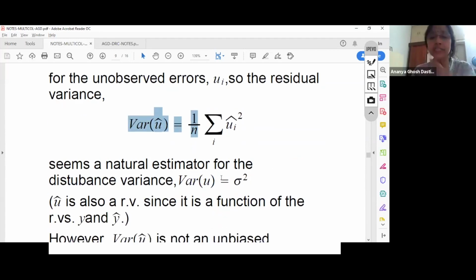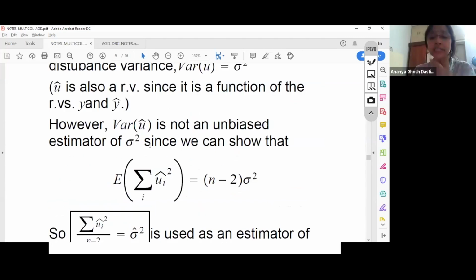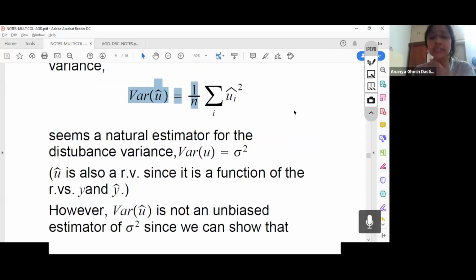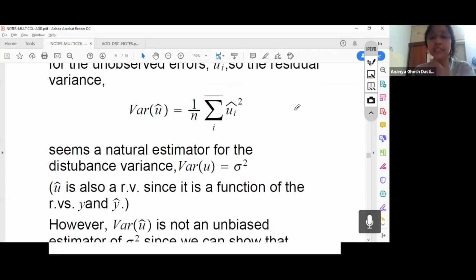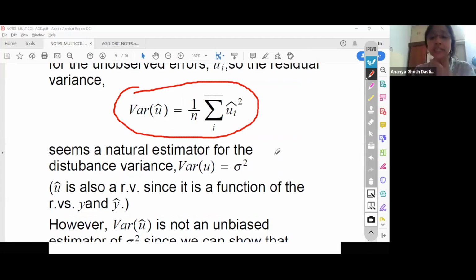Except there is a problem here. The variance of u hat in this form turns out to be a biased estimator of sigma square. So we are not bothered about that.